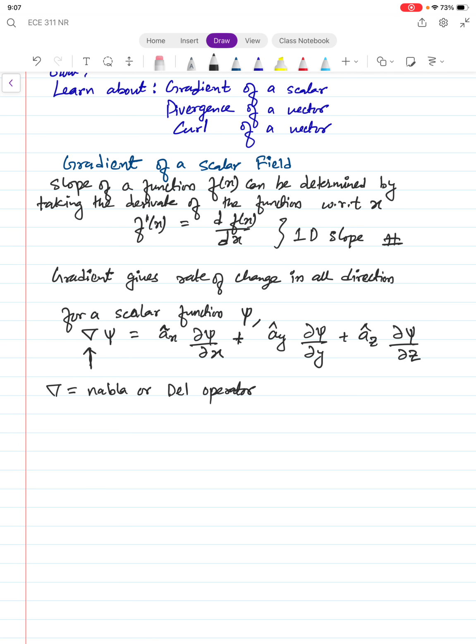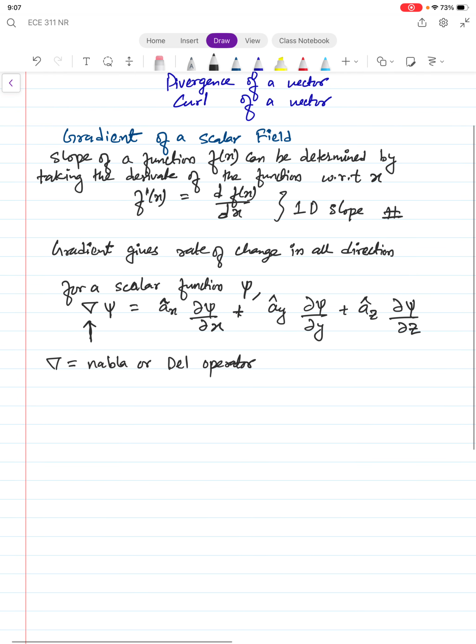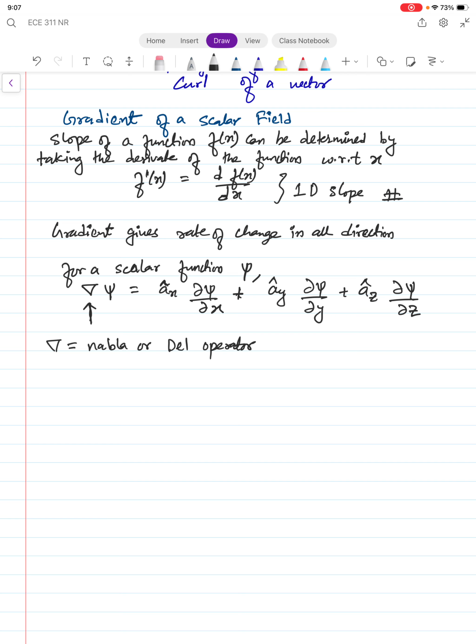Okay, it's not something you are multiplying or anything, it's an operator that acts upon a vector, or in this case a scalar, and that is defined as del equals to d/dx, d/dy, d/dz.